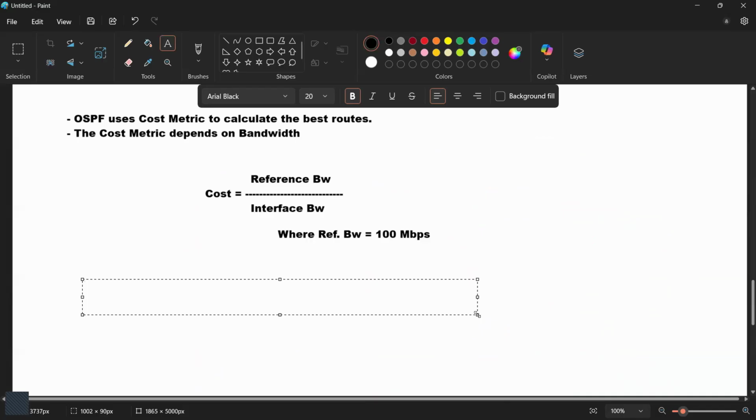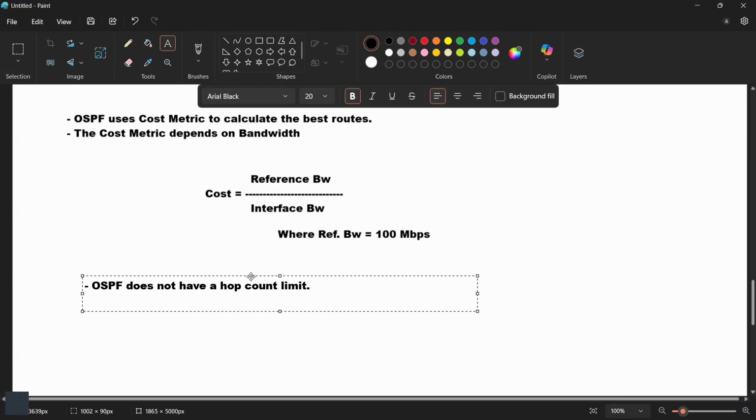There is no hop count limit. Okay, so you'll say OSPF does not have a hop count limit, so it's not like you can use it only in a small network. This is clear.